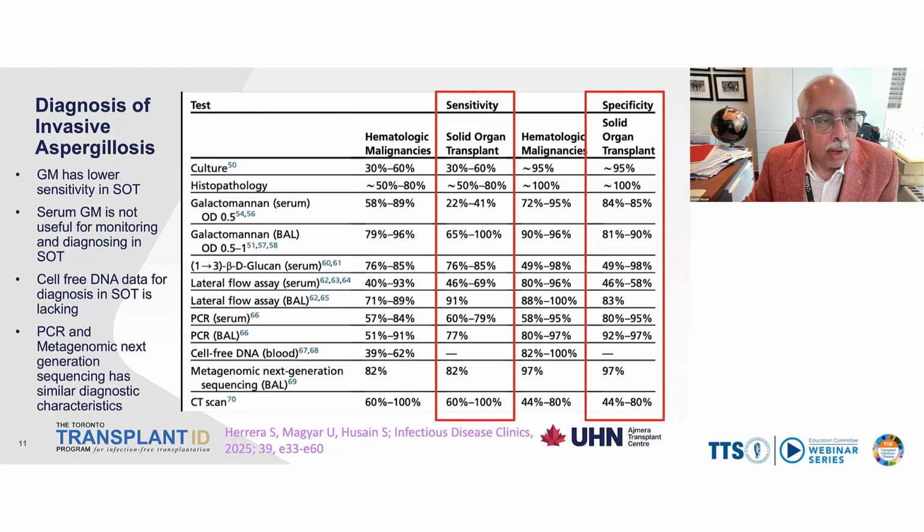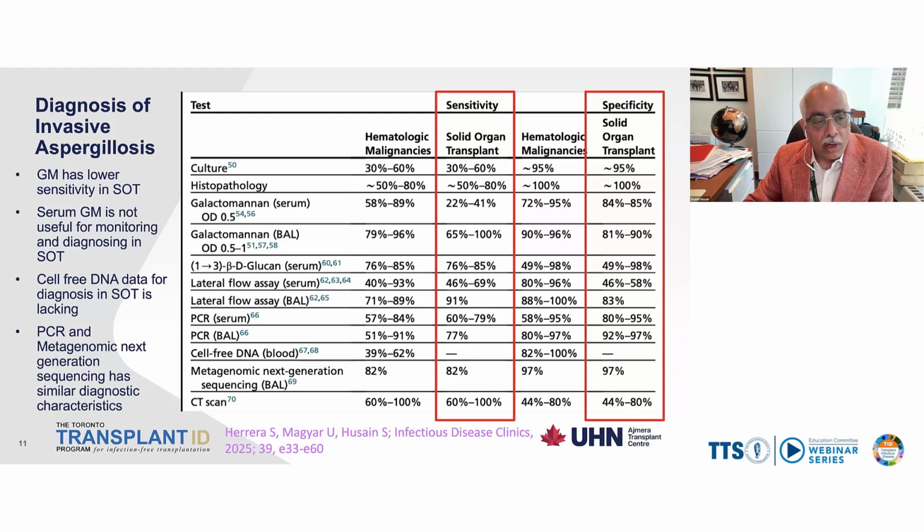The data shows that serum GM is not useful for monitoring and diagnosing invasive aspergillosis in solid organ transplant. There have been case reports of cell-free DNA for diagnosis in solid organ transplant, but a larger study with a solid organ transplant cohort is lacking.